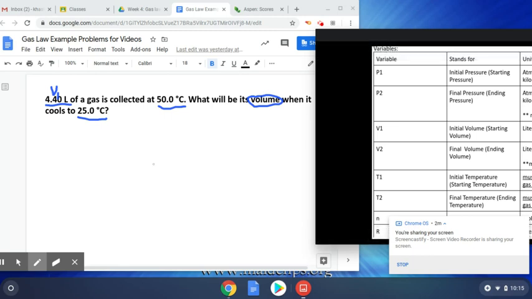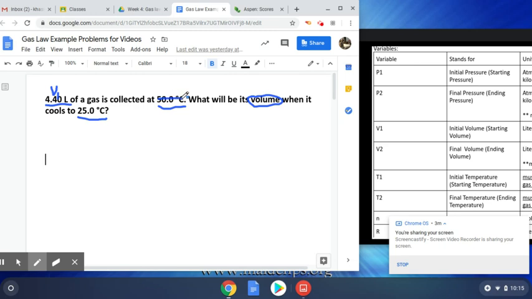So if you take 50 and add 273, you get 323. So what I usually tell my students to do as soon as they have a gas law problem is cross this out, write the new one, 323 Kelvin, and then label that instead. So this one is going to be T1.